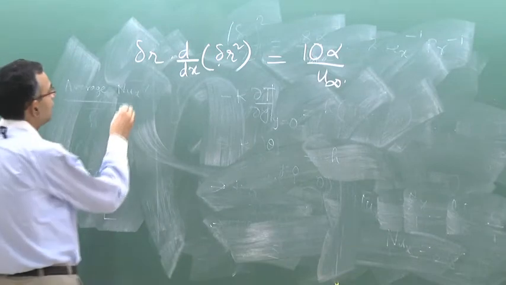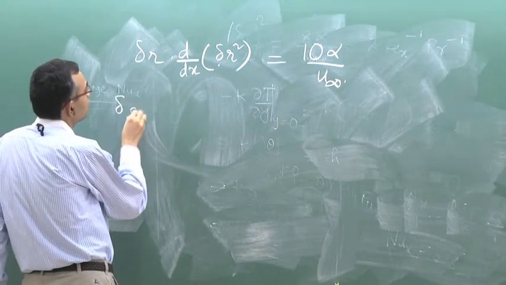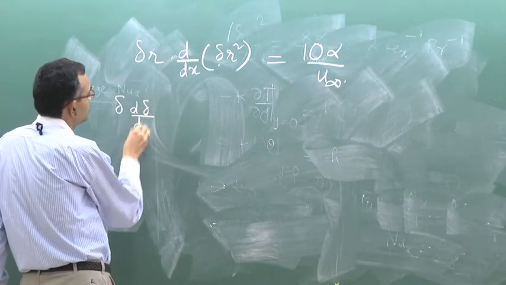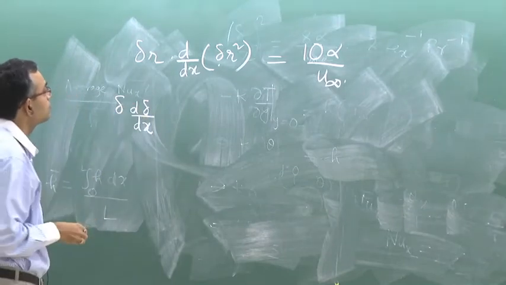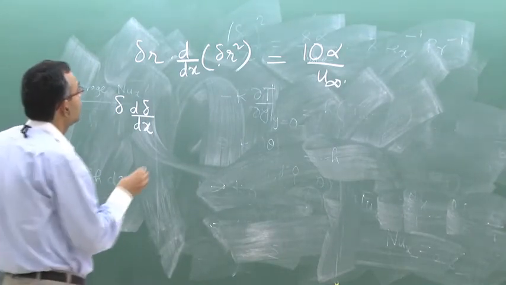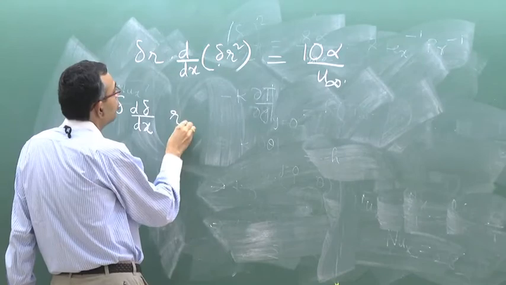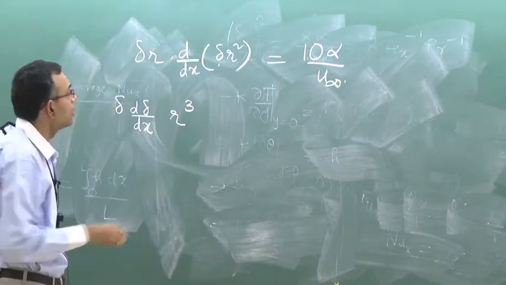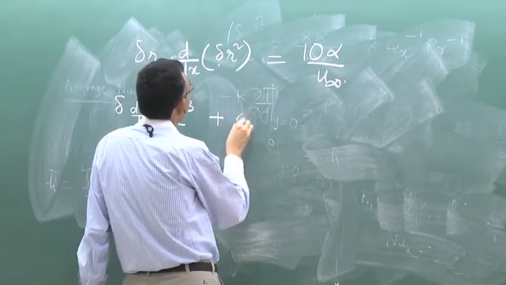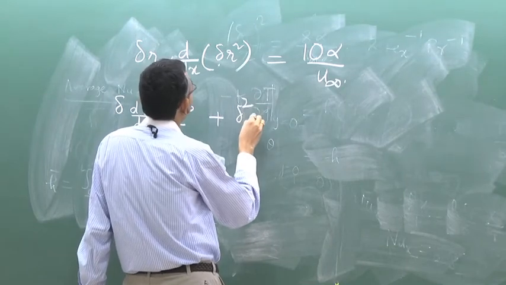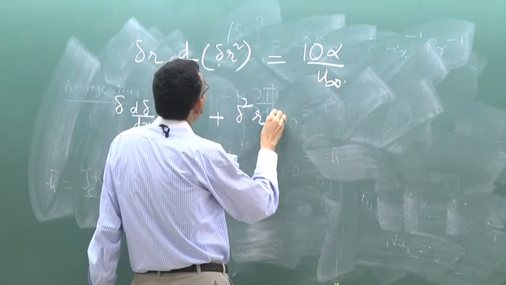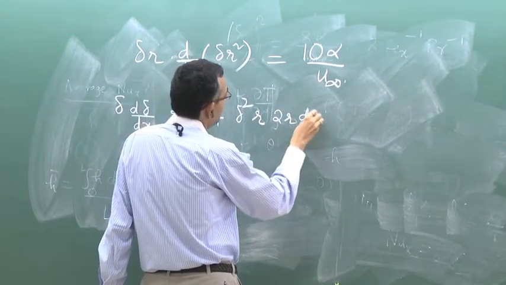So now we can write delta d delta dx into R cube plus delta square R into 2R dR dx.